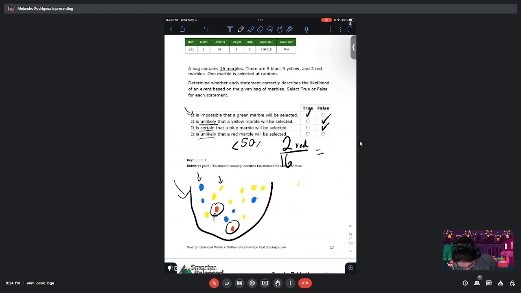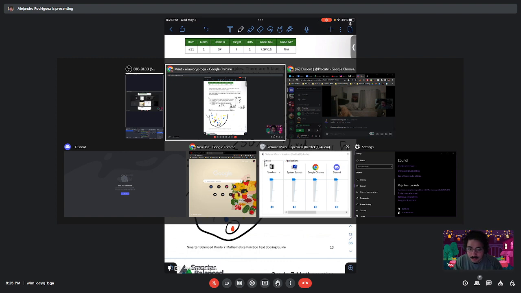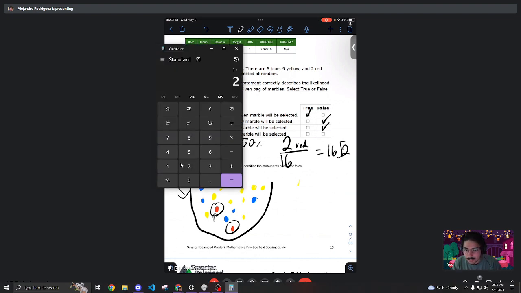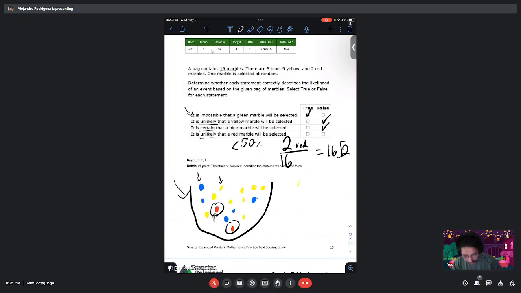Bottom number goes outside, top number goes inside. Let me use the calculator again, just to save some time. 2 divided by 16 is going to get us 0.125. If I convert that to a percentage, that's going to be 12.5%. So in this case, a 12.5% chance of getting a red marble, which is pretty unlikely. So this is true.